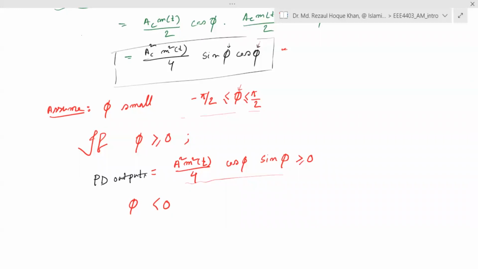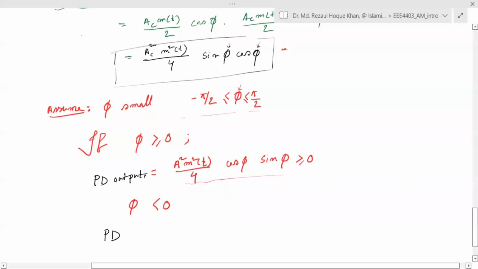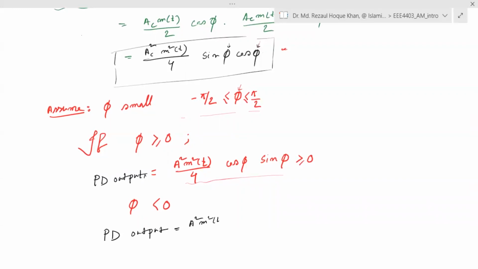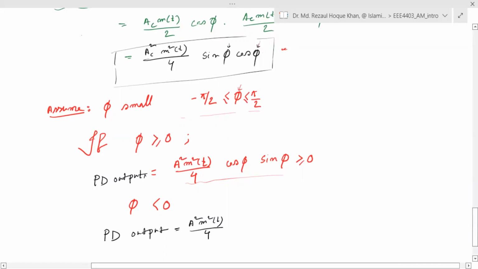So A square m square t by 4 becomes a constant value, of course positive.